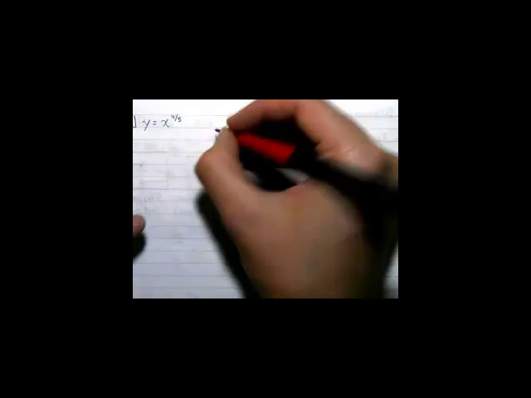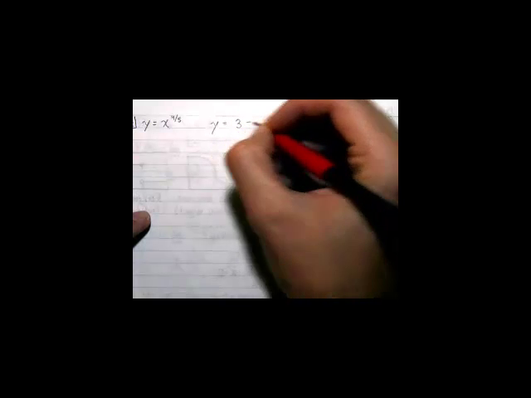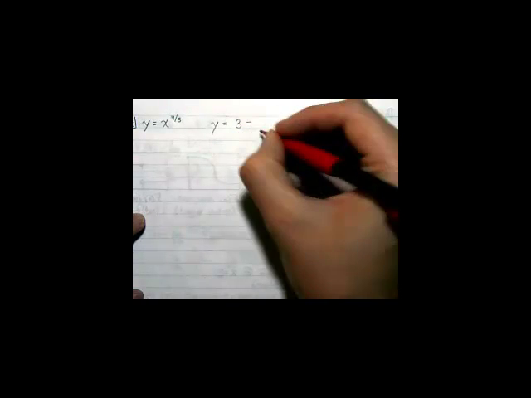I'd like you to look at your calculator and graph them. So we'll look at y equals x to the 4/5. Y equals 3 minus the cube root of x.